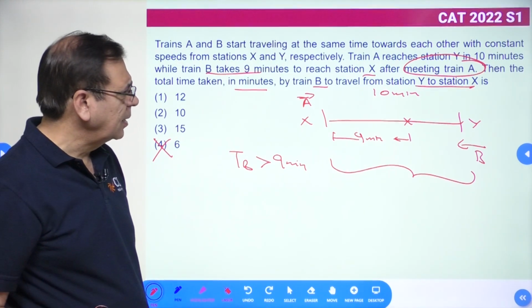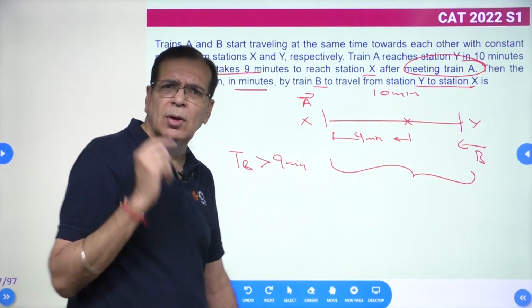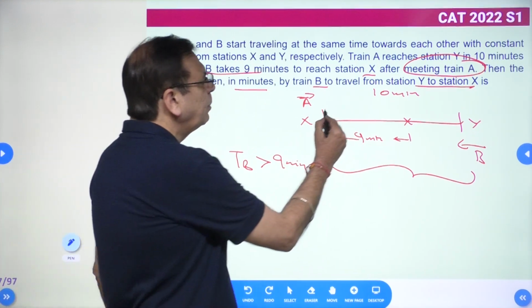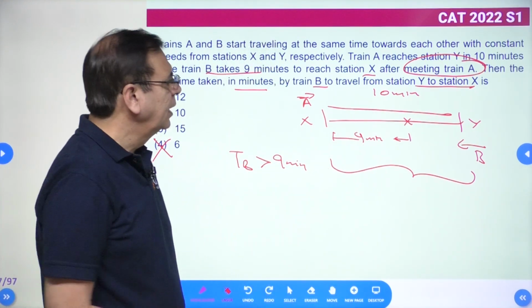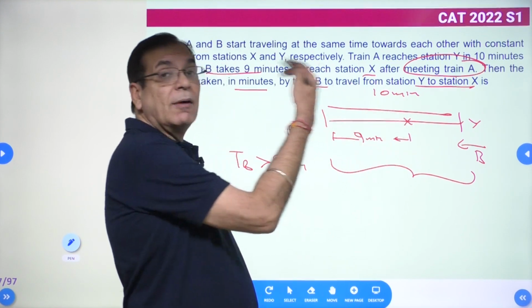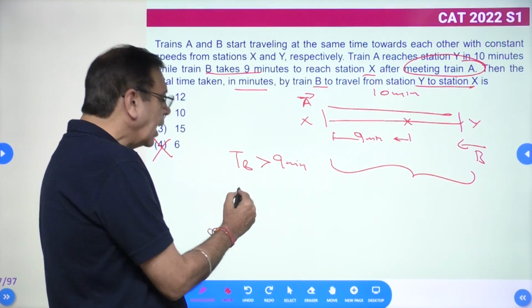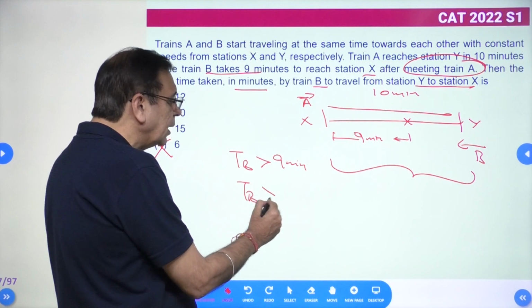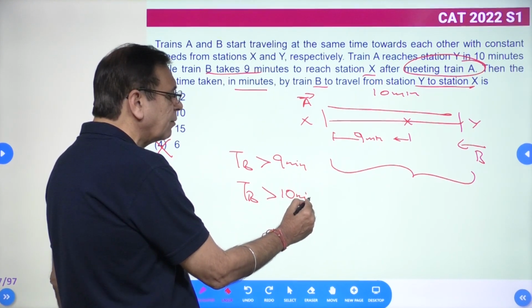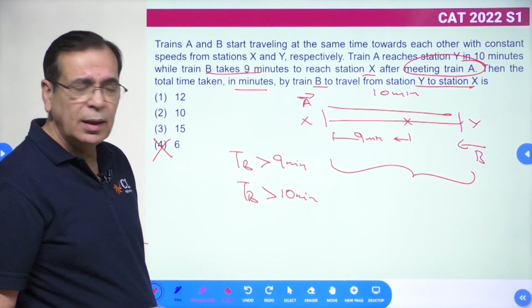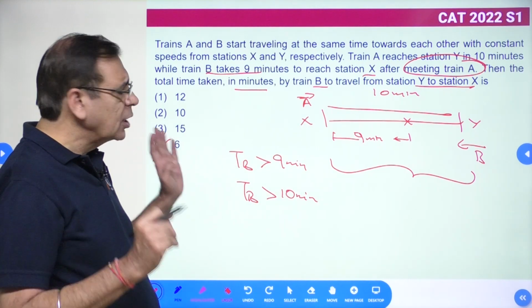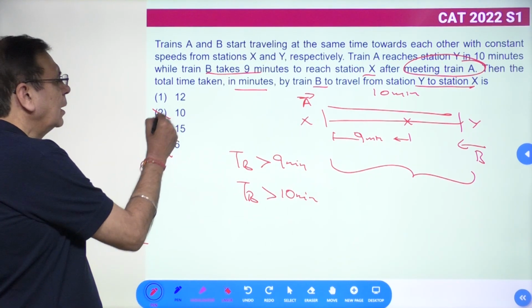Let's go one step further. Which is faster of the two trains? Train A covers the whole distance in 10 minutes. Train B is taking 9 minutes after meeting train A. So I can even say train B's time should be greater than 10 minutes. Train A is definitely the faster of the two trains, so train B has to be the slower train. That means this choice is also wrong.